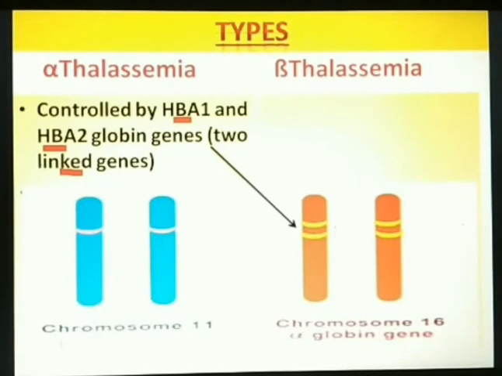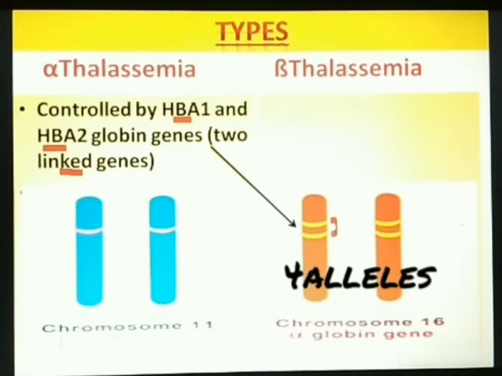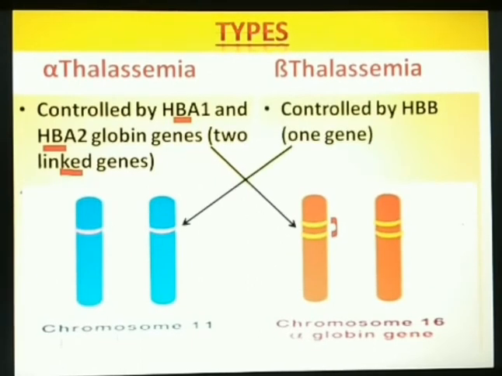So the genes are closely linked together. Whereas beta thalassemia is controlled by only one gene, HbB, on chromosome number 11. Both these chromosomes are called autosomal chromosomes. Alpha thalassemia is caused due to the mutation or deletion of these genes.